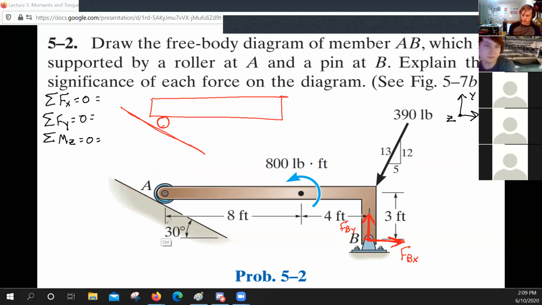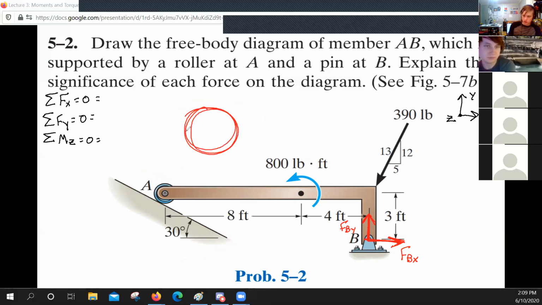It's kind of like, and I'll draw it up here. If we have a ball, right? And there's a force being applied to this ball, like this. It's going to apply that force to the center of the ball, okay? And then that center of the ball is going to apply forces to other things touching the ball. So if there's something on top of the ball, it's going to apply a force to that thing.